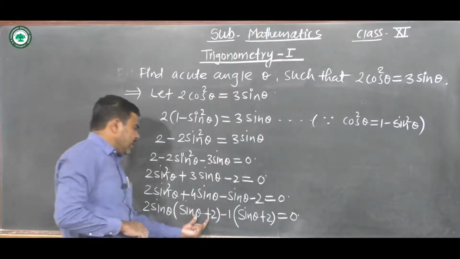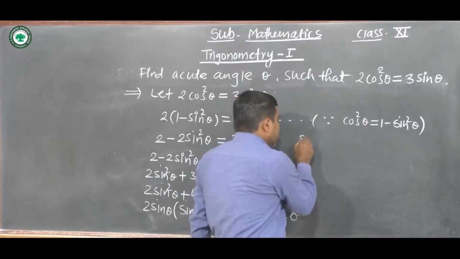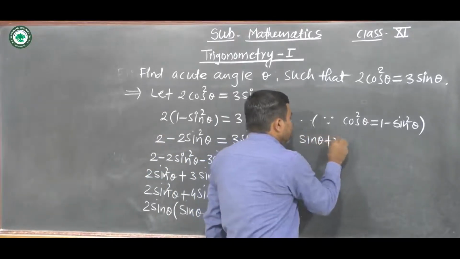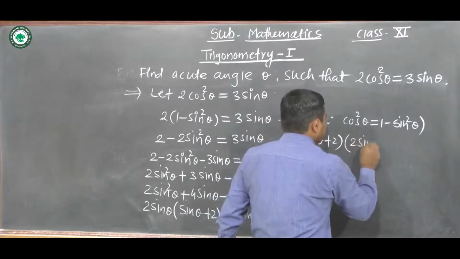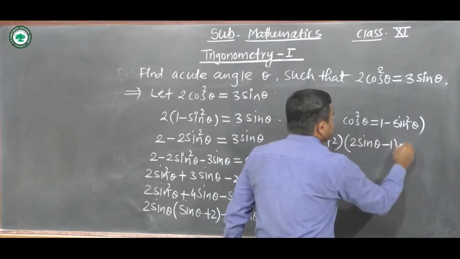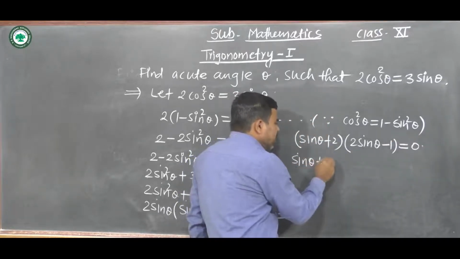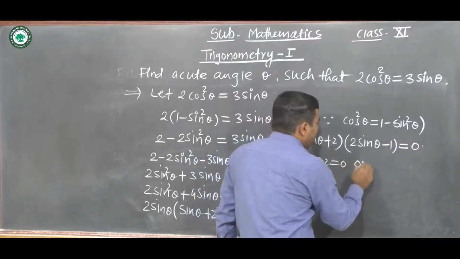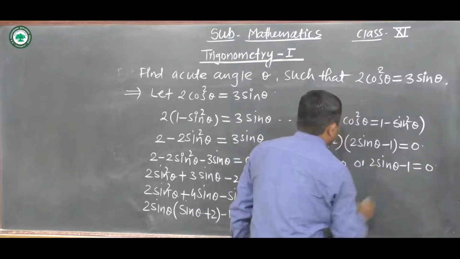Now here it is sin theta plus 2, sin theta plus 2. Take sin theta plus 2 common. So (sin theta plus 2) in another bracket (2 sin theta minus 1) is equal to 0. It means that sin theta plus 2 is equal to 0, or 2 sin theta minus 1 is equal to 0.